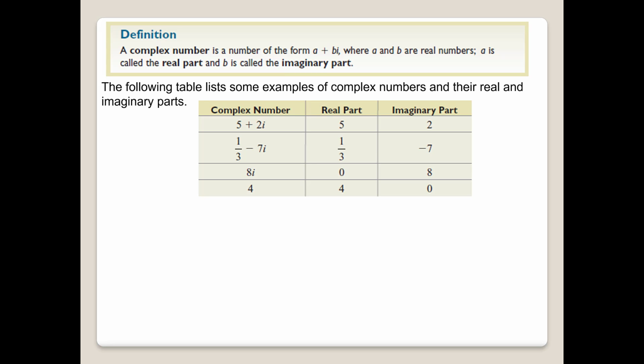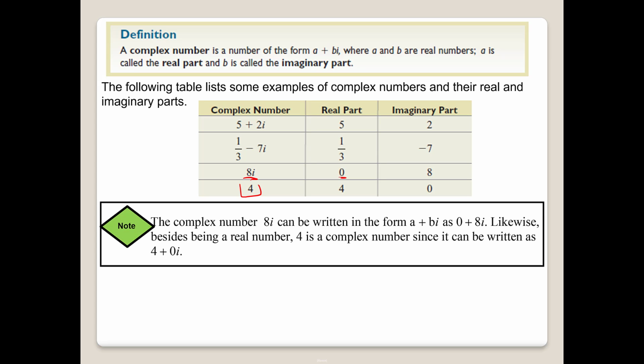As you'll see in the 8i example, there's nothing added or subtracted in front of it, so your real part is 0 and the imaginary part is still 8. So the complex number 8i is written in the form 0 plus 8i. Here we have the 4, with no imaginary number connected with it. It's still a complex number since it can be written as 4 plus 0 times i.